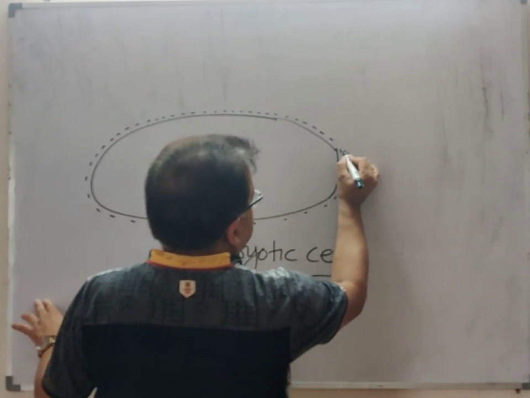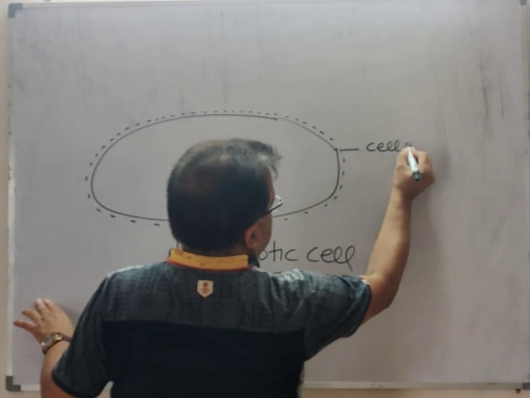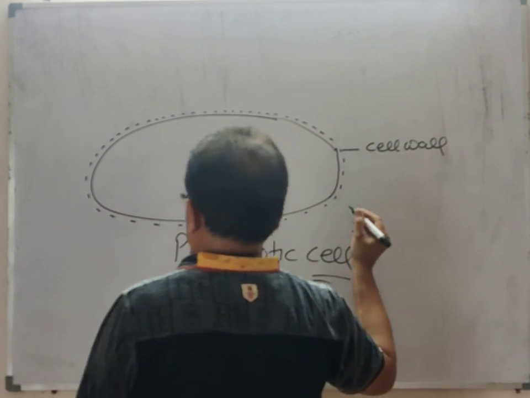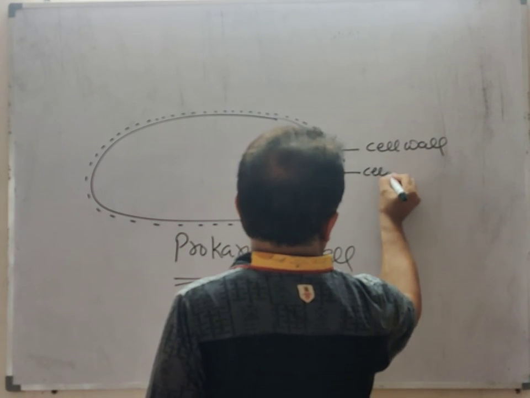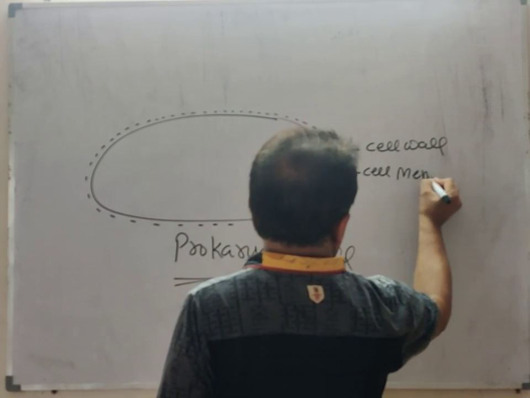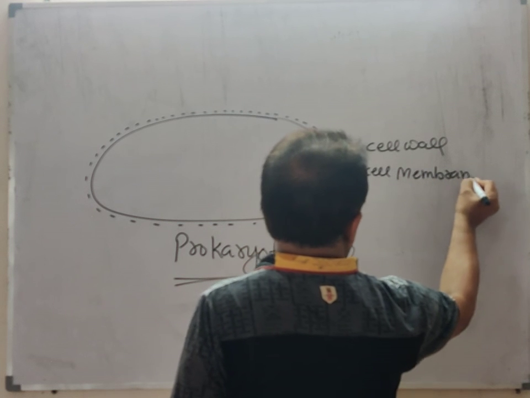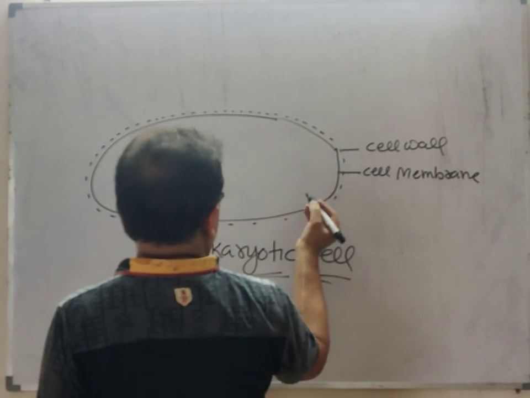It is cell wall, cell membrane, here and there ribosomes are found.